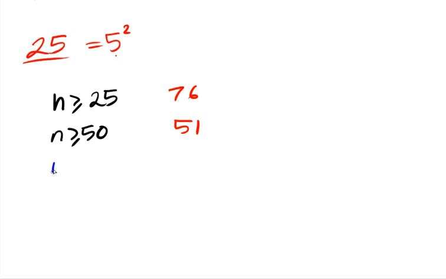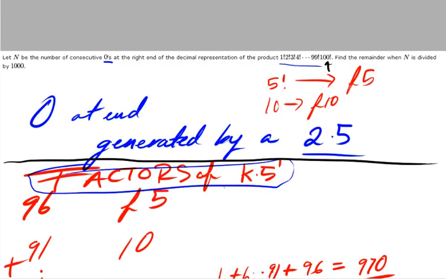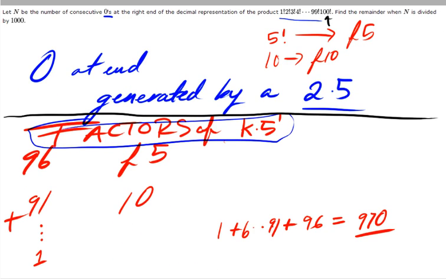Similarly, n greater than or equal to 75 will have a factor of 25, and the number of these is 26. And finally, n equal to 100 should have another factor of 25, which is 1, since there are only 100 numbers.